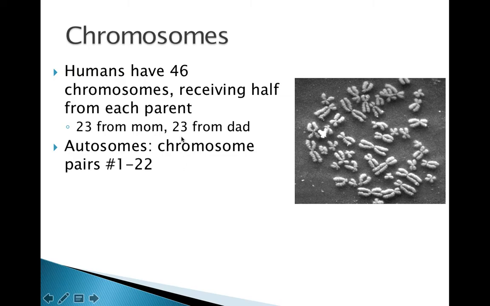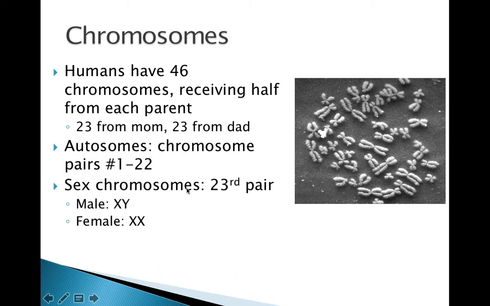So out of those 23 chromosomes, 22, most of them, are called autosomes. And that means that they just describe and give traits to all the different parts of your body, with the exception of what the sex chromosomes do. The last pair, number 23, is our sex chromosomes. And that's what's going to determine whether or not someone is male or female. If someone is a male, they have an X chromosome and they have a Y chromosome.